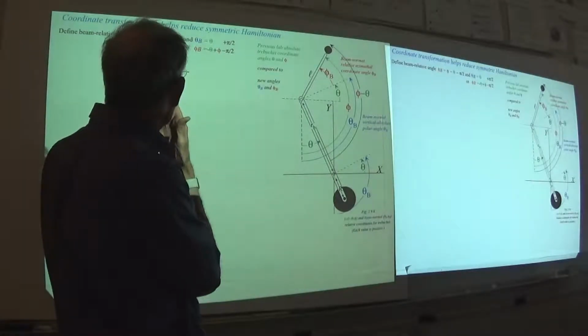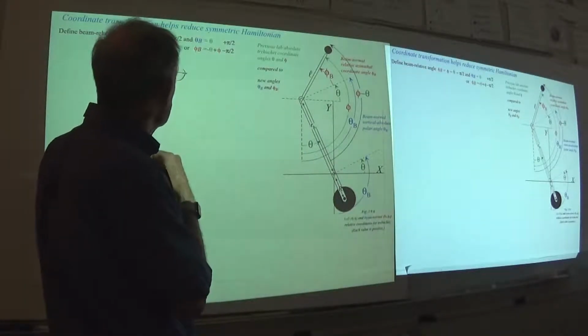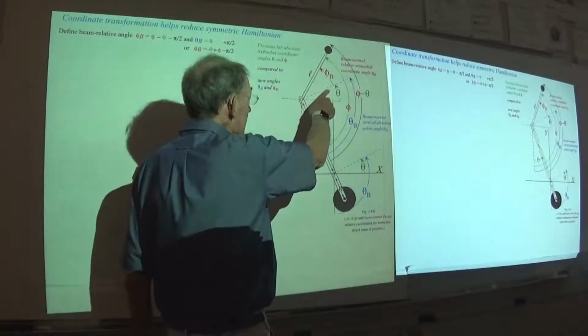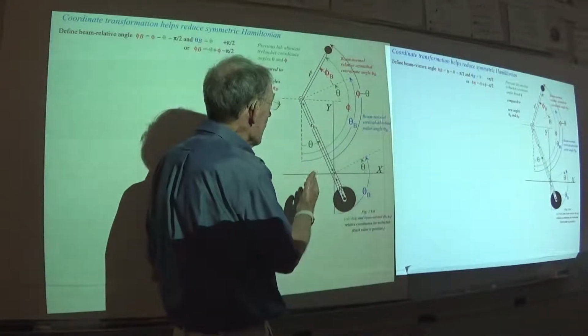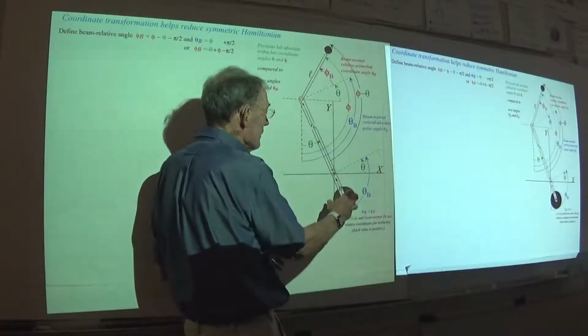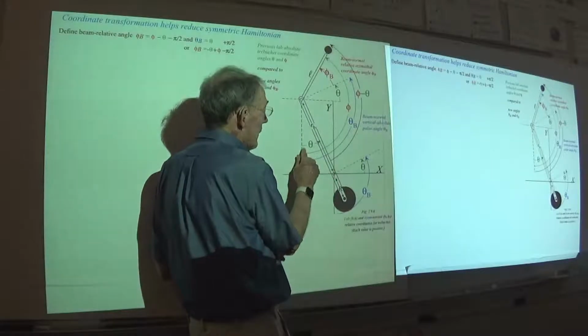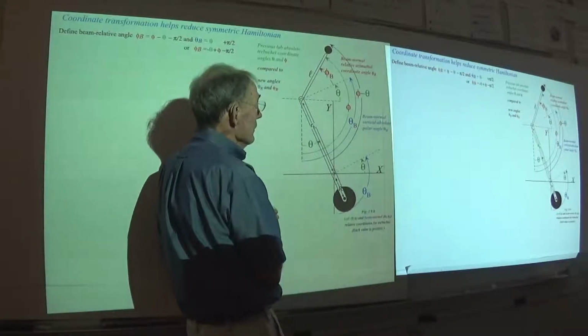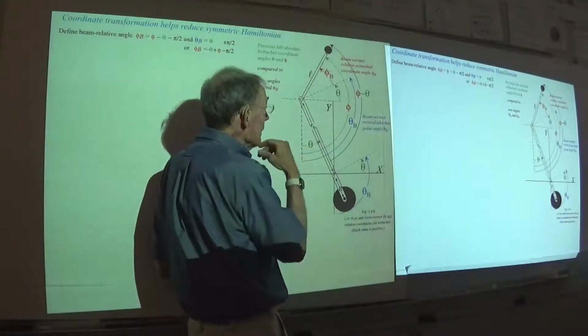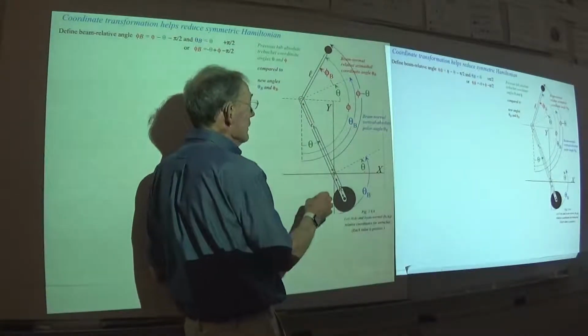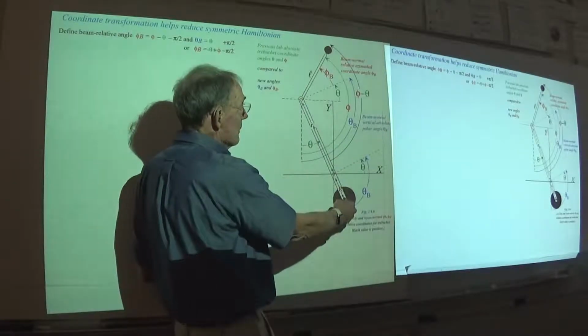And what we're going to do here is define a new kind of angle, which I call the beam relative angle. You remember that before, all of our angles, the ones for the main throwing arm, that's theta, and the angle that's theta there as well, if you have a perpendicular to the end of the throwing arm.